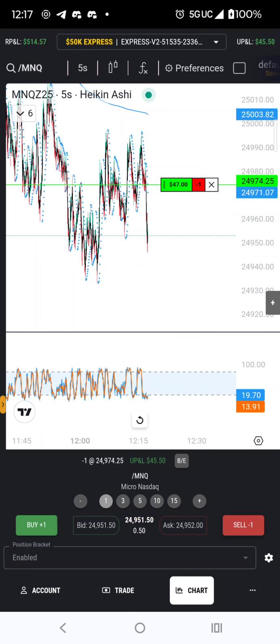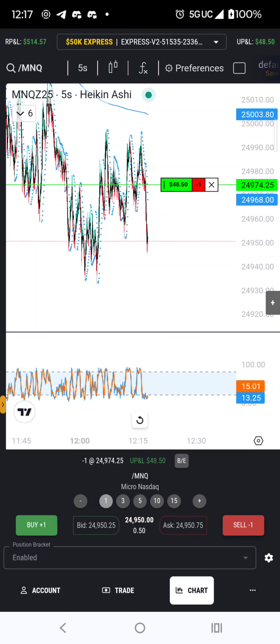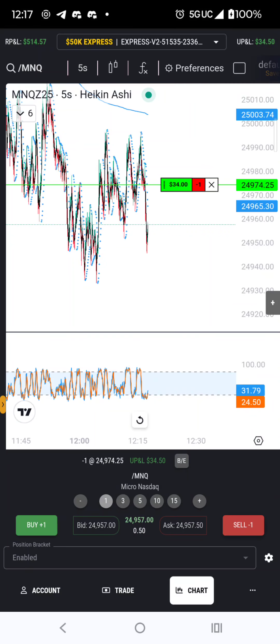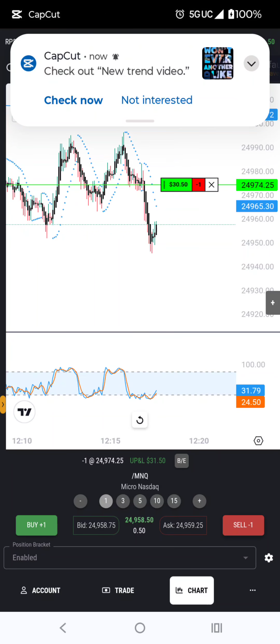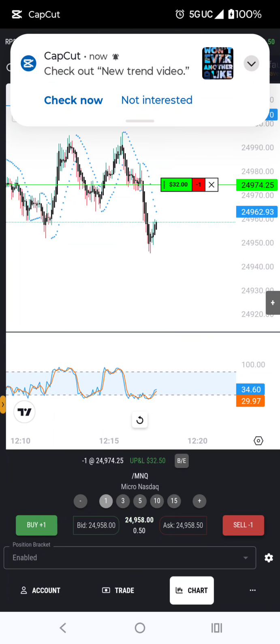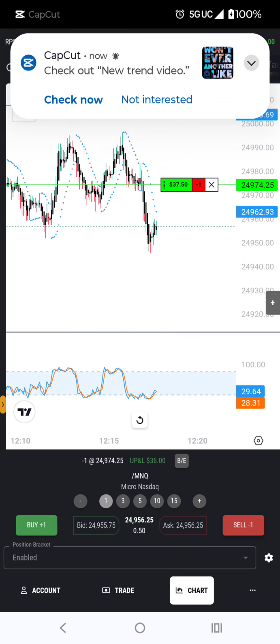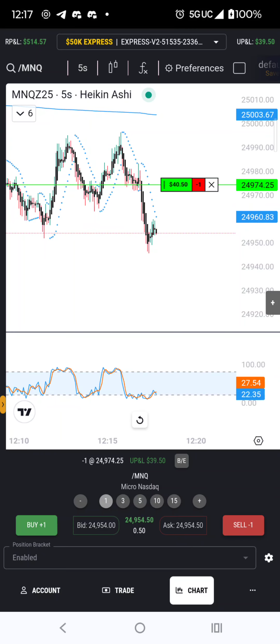Now this is vicious. It's going home. Wait for the higher low. I mean the lower high. Could be right there. And it was right there. You see?